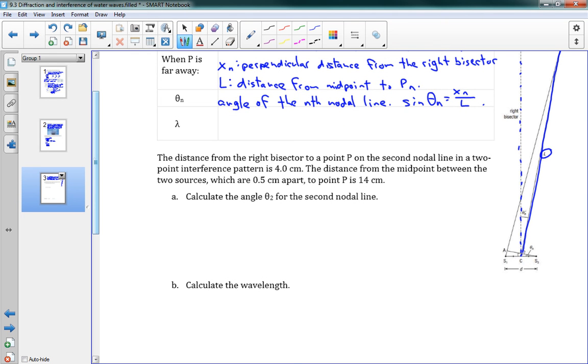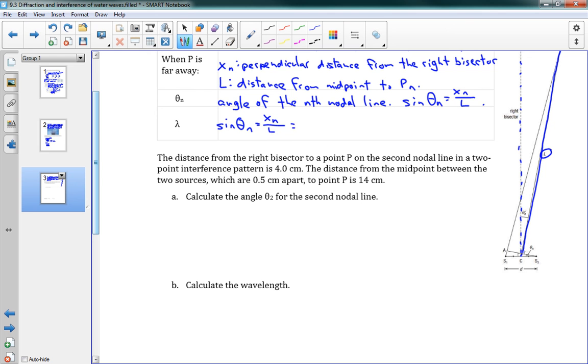Now, why we would want that angle is that we can get the wavelength from it. In your textbook you can see the derivation of how you get from our other equation on the last page to this one, but I'm just going to give it to you now. Sine theta n is equal to xn over L. That's what I just wrote above.